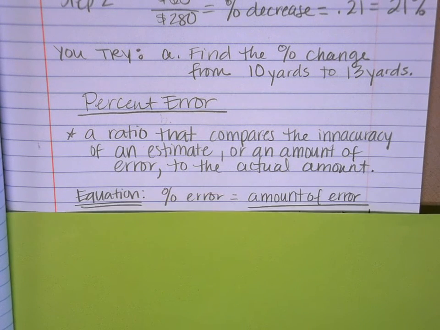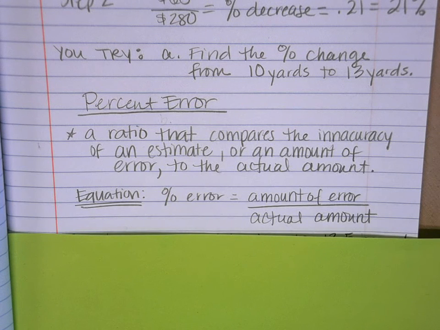Here's the equation for this, which is very similar to the equations you just did, correct? You have the amount of the error. How are you going to get the amount of the error? Do you think? And how did we find the change last time? Did we add? We subtracted. Wow, we're going to do that again. And it's still over the actual amount or the original or something.